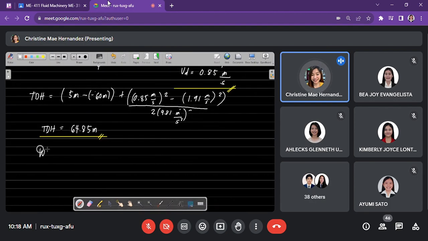Water power is equal to γ, the specific weight of water, times Q times the total dynamic head.